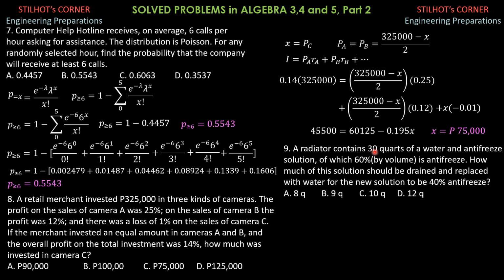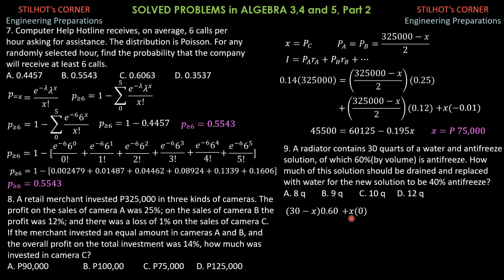So 30 minus X times 0.6 in the original, then to be added by, because we have to replace the amount that is drained by the same amount X, but this time it is water, so plus X, and the amount of antifreeze in that water is 0.